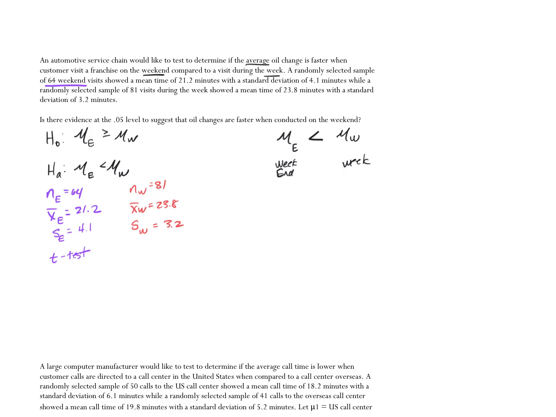As you guys are typing this in, because the weekend group is the one I wrote first in my hypotheses, that's what I'm going to put for X bar 1, S1, and N1, okay? In my calculator, I have them backwards because I did it in the other order for the other class, but I want to show you we end up with the same thing. I'm going to let you guys put these ones in the correct order. I'm going to leave mine in the different order so you guys can see what the different answers look like.